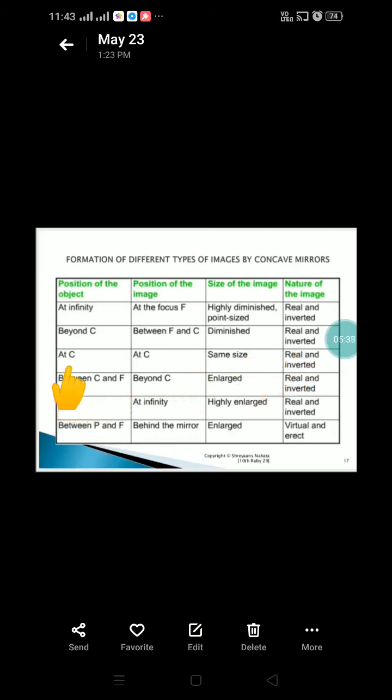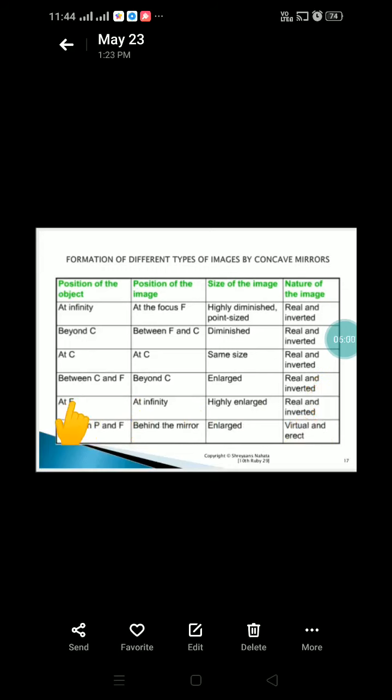Then third case, at C, if you place the object at C, the image is also formed at C, and the property is same size, that means object and image have the same size. Once again its nature is real and inverted.